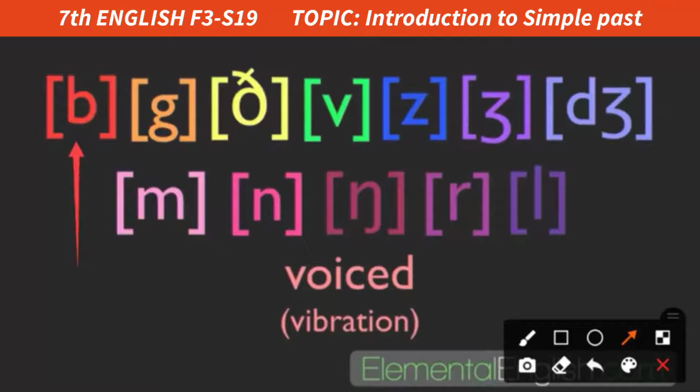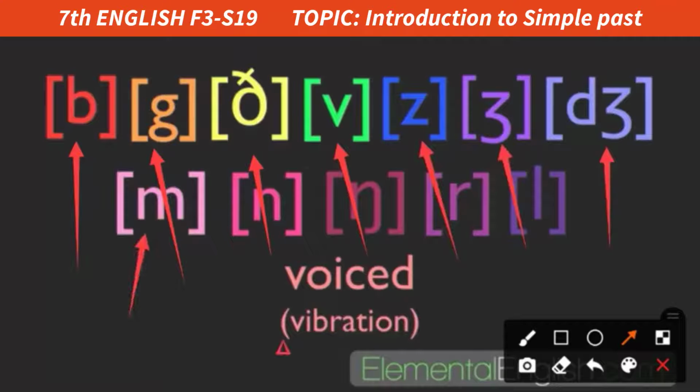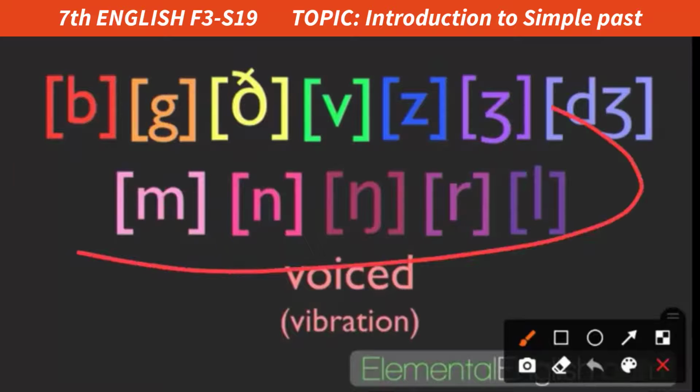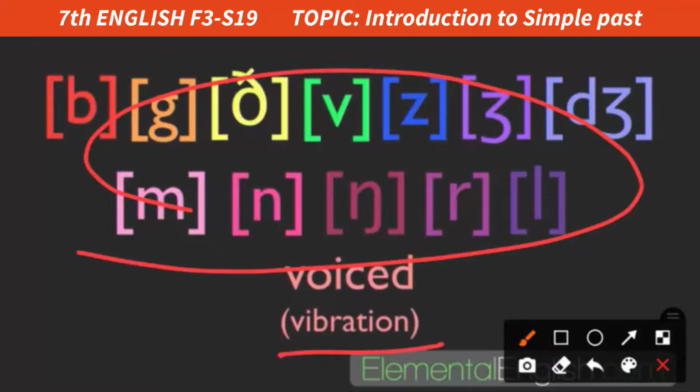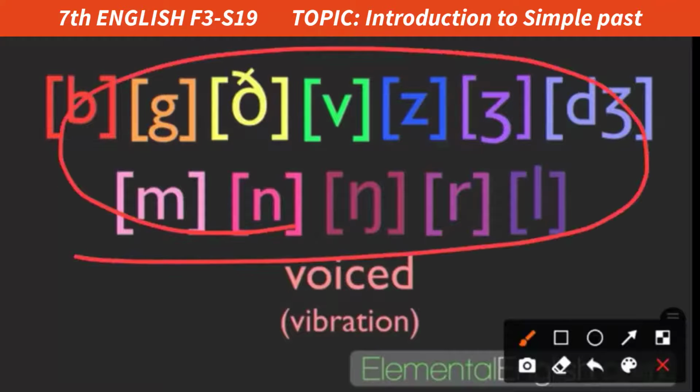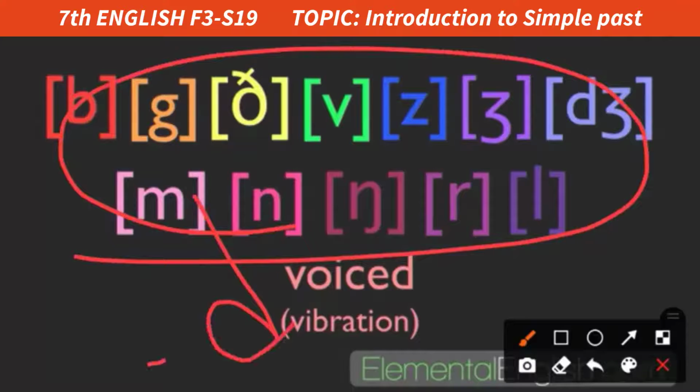B, g, v, z, j. Si usted lo sintió, acuérdese, en todos estos sonidos se siente vibration, o sea que son voiced sounds, ¿ok? Y como son voiced sounds, todos estos sonidos al final, la pronunciación del ID va a ser como D, ¿ok?